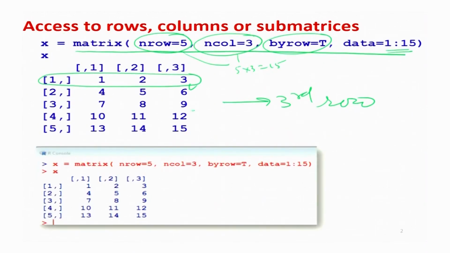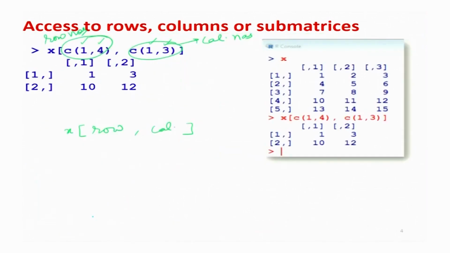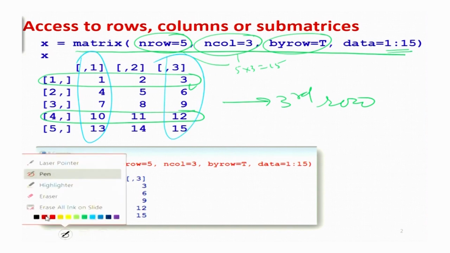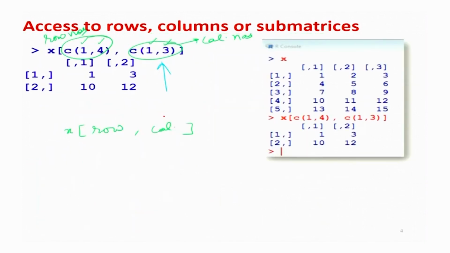You can see here, this is your 4th row, and now you have taken which columns, 1 and 3. So, you take column number 1 and column number 3. And now, you see what the elements are at their intersection: 1, 3, 10 and 12, and you can verify, are they coming here? Yes, they are coming here like this. So, now you can see this is how you can access any part of the matrix by these operations.